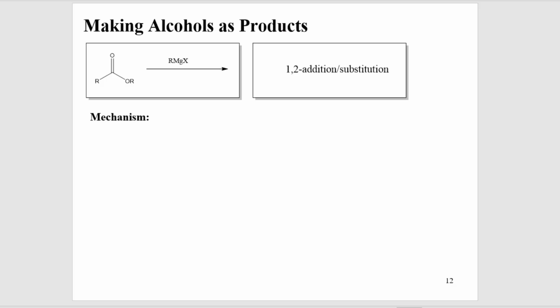All right, now we're going to do a Grignard on an ester. Let's say we started with this ethyl ester, and I'm going to react it with ethyl magnesium bromide. Again, I'm just throwing together an amalgam of different systems.